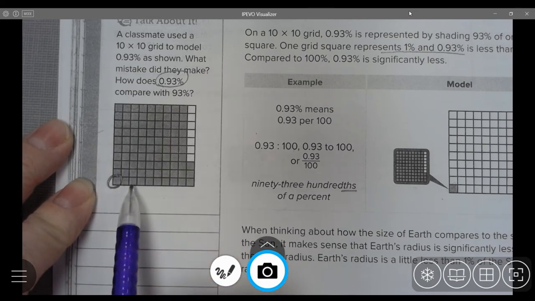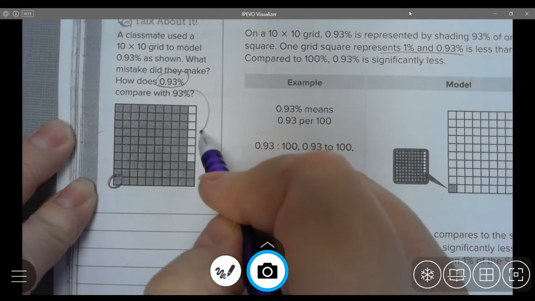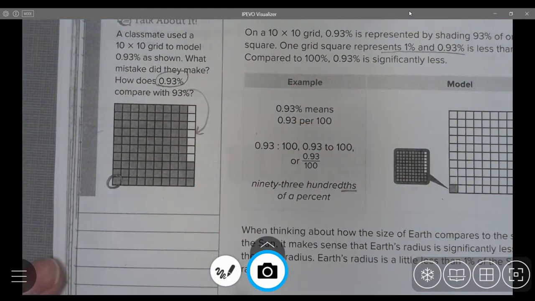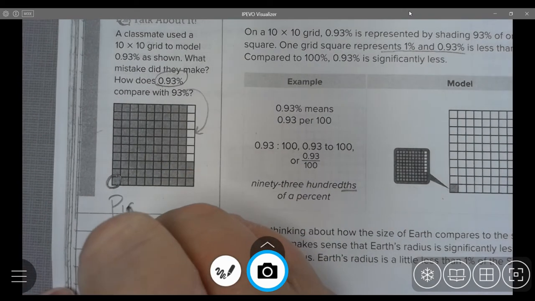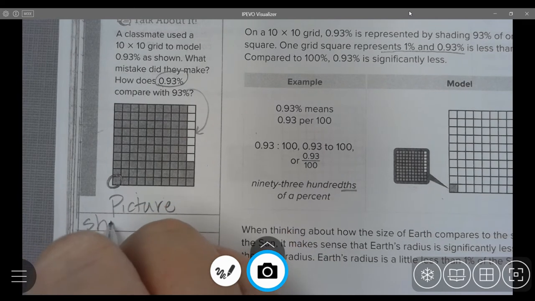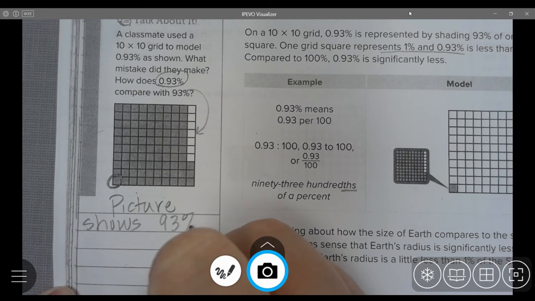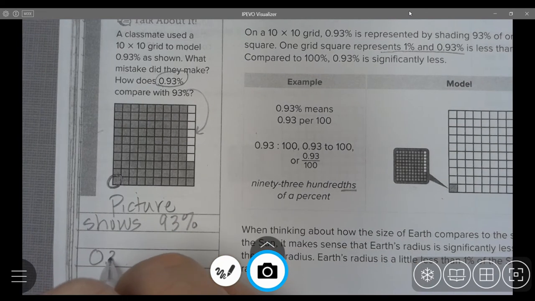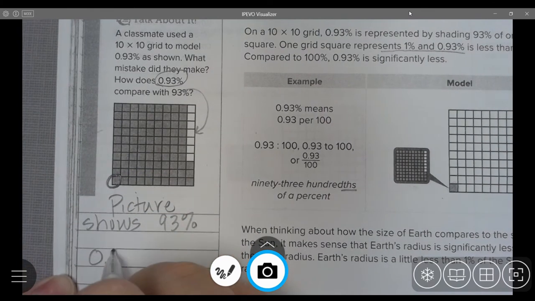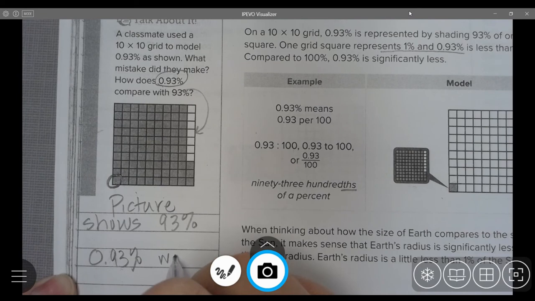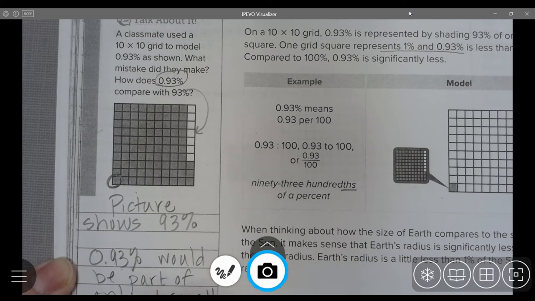The picture they created shows 93%. 93 hundredths of a percent would be part of only one small square in a 10 by 10 grid.